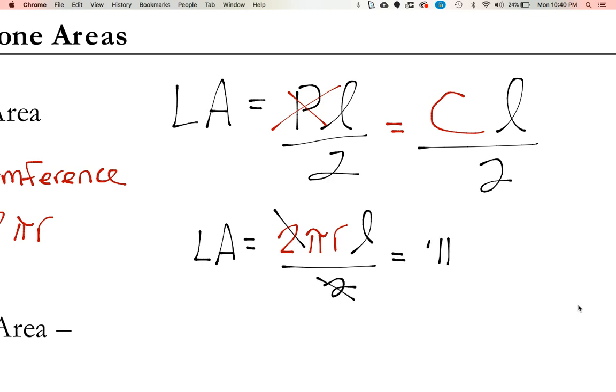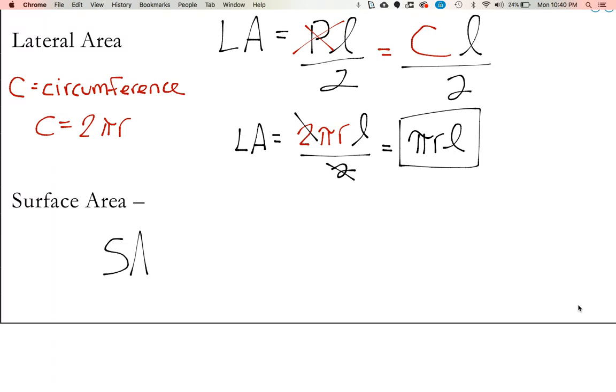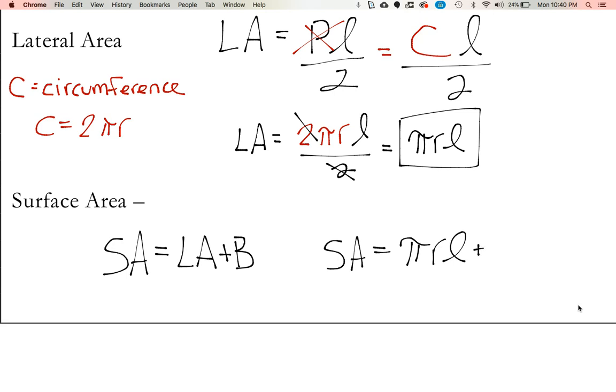So it's just pi r L. Surface area is the lateral area plus B, which is pi r L plus, since B is a circle, pi r squared.